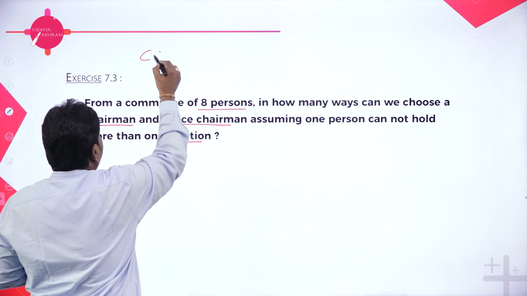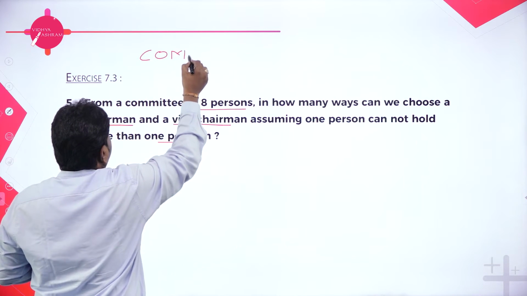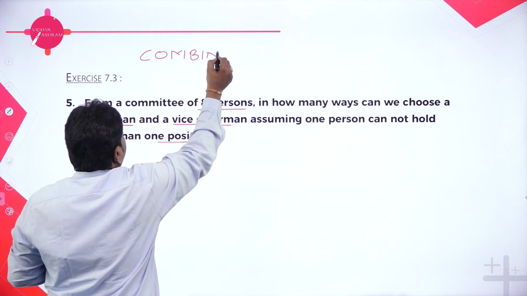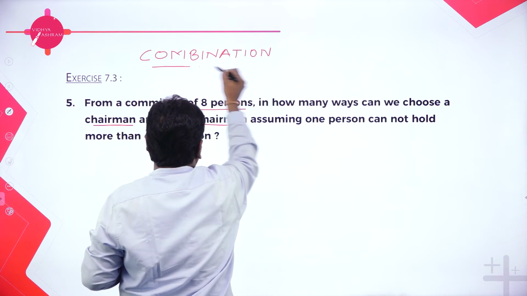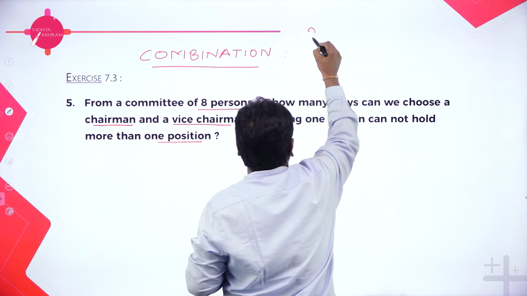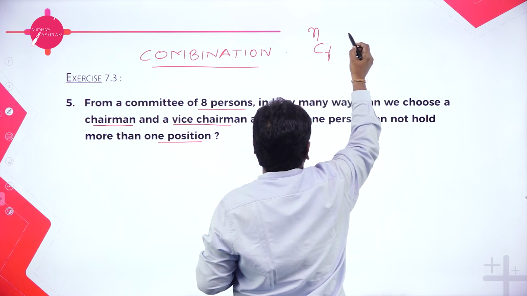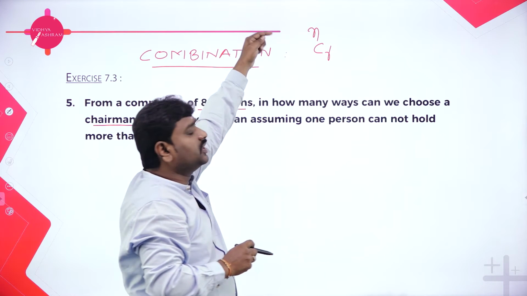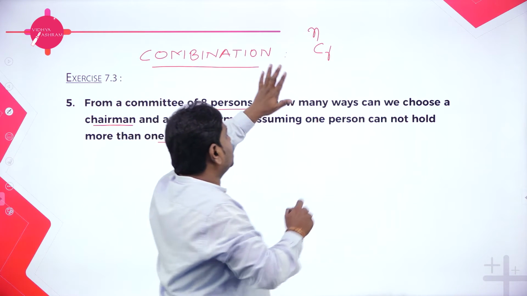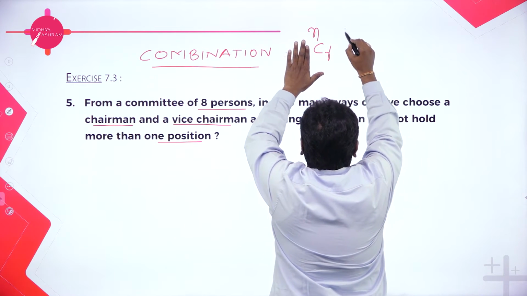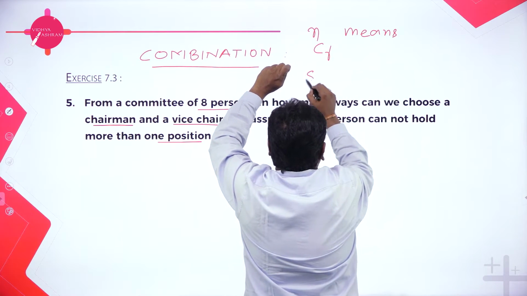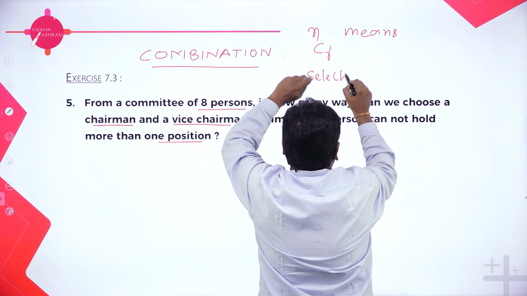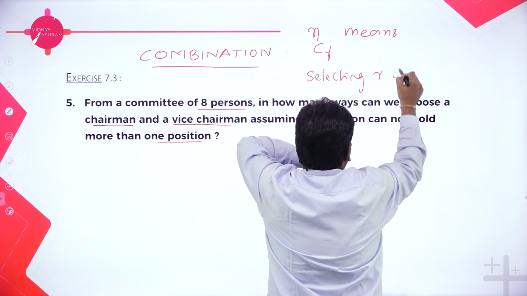Remember, combination means selection. I am repeating, combination means selection. So first you should know nCr. What is meant by nCr? Selecting r things from n things. This is very important, make a note of it. nCr means selecting r things from n things.